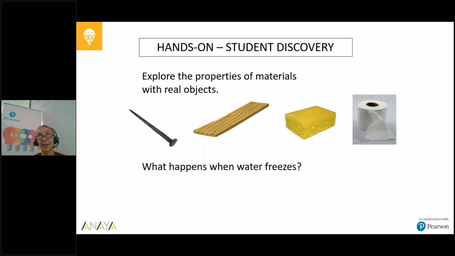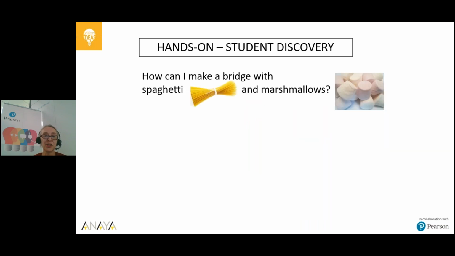And perhaps one of the most famous examples of this is the marshmallow experiment, where you give students a whole lot of spaghetti and a bag of marshmallows, and you ask them to build a bridge or any other solid structure. But a bridge is a good structure to build because we can understand the purpose of it. And there'll be a lot of mess, and there'll be an awful lot of trial and error, and the bridge will collapse.